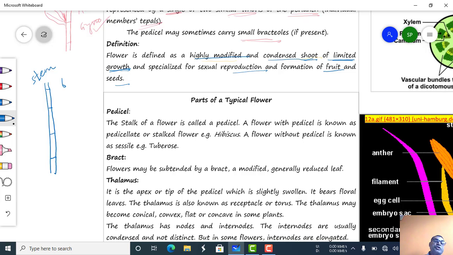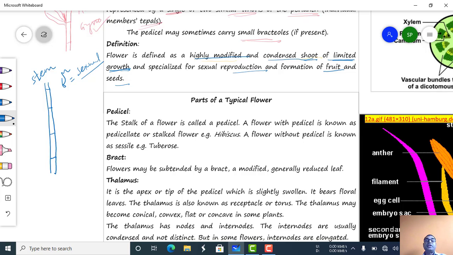It performs the function of sexual reproduction and formation of fruit and seed. The resultant product of sexual reproduction is the fruit, and within the fruit one can observe the presence of seeds. So a flower is a modified shoot of determinate growth performing the function of reproduction.